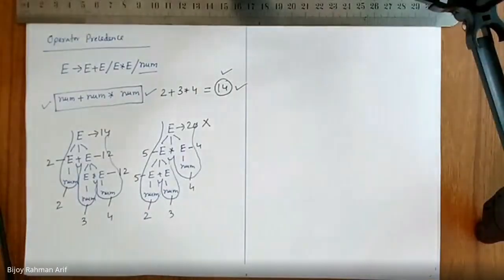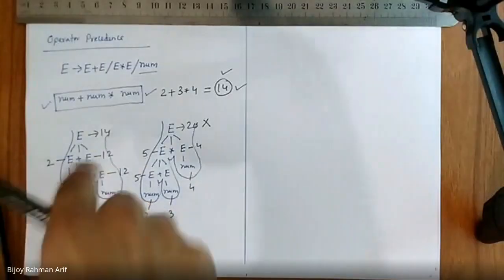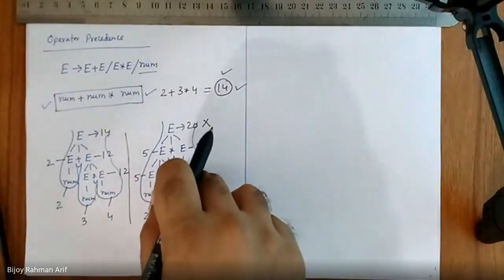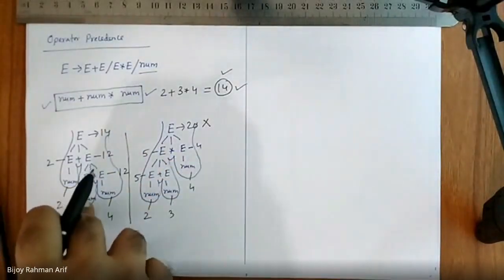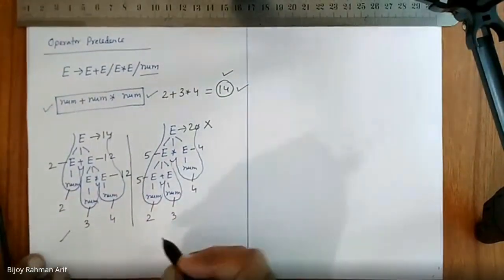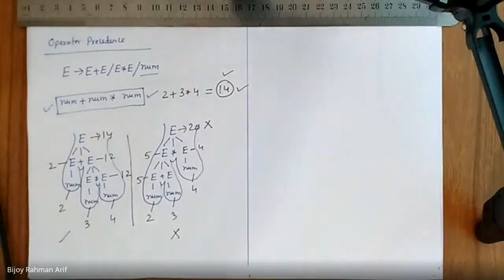Yes, so we have to do the multiplication first. In this parse tree, multiplication is happening first. In that parse tree, multiplication is happening later. So why is multiplication happening first in this parse tree, and why is multiplication happening later in that parse tree? Can you tell me?